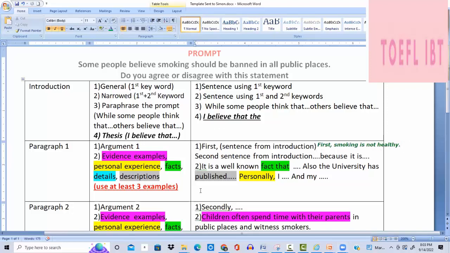So I'm going to put for my second sentence, smoking, because you have first, so you don't need to start with second. Second's going to come. Smoking in public places can create bad odor in the environment. These are my words, but you can choose whatever you want.